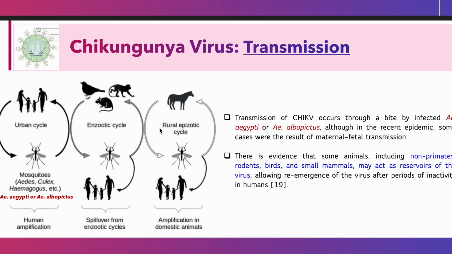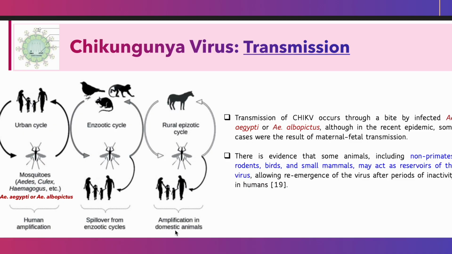And the rural epizootic cycle happens the same as the enzootic, but in this one the host or reservoir will be like the horse that lives next to or closer to humans, and the mosquito bites the reservoir, gets infected by that reservoir, and bites a human.